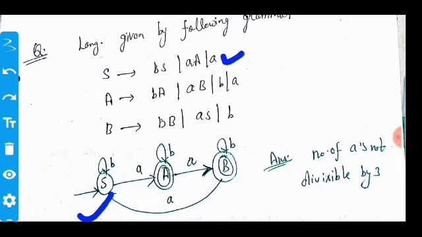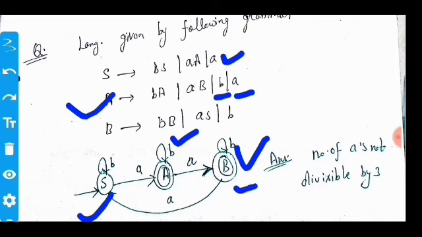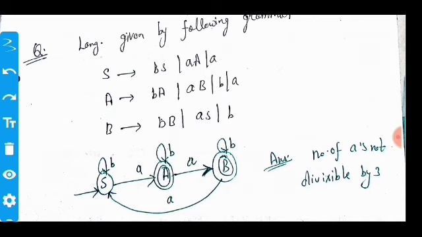Coming to the A production rule, when we give b it goes to A, which creates a self loop, and when we give a it goes to B, and B is also given individually, so we say that B is also a final state. Coming to the B production, when we give b it stays at B, and when we give a it goes to the S state, the initial state.